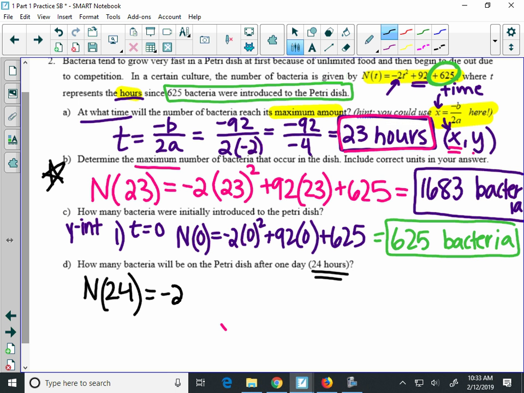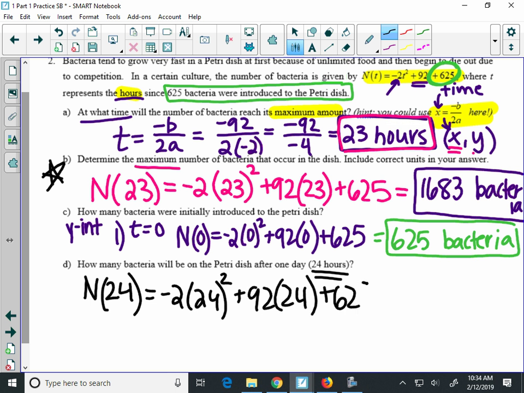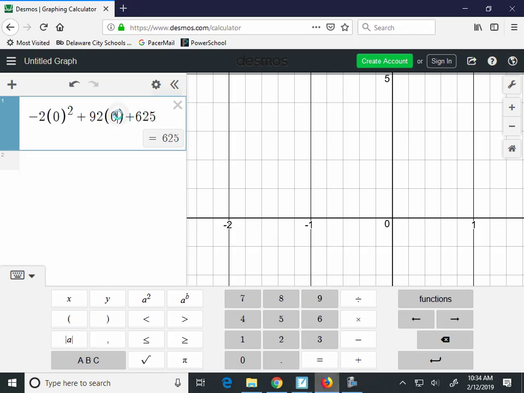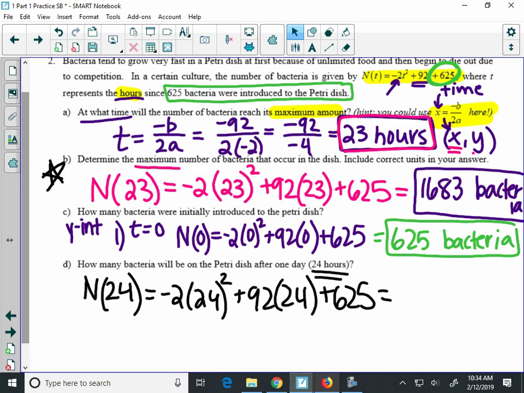So we're just going to put 24 in for t, and you're going to type that right into Desmos. Again, just like the last two problems. So instead of 0, I'm going to change those to be 24s. And it tells you that there's 1,681 bacteria after a day.